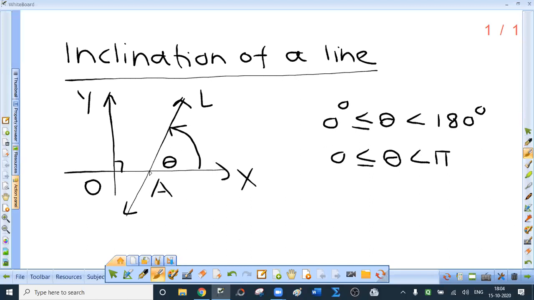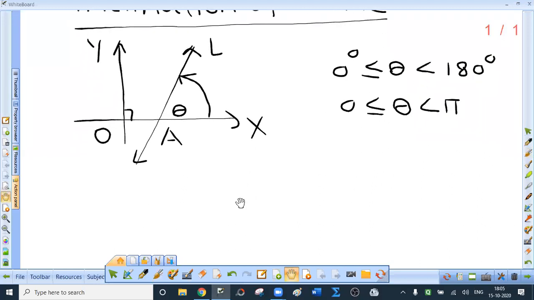So I can say inclination of y-axis, or for that matter any line parallel to the y-axis, is pi by 2, that is 90 degrees, right? What is the inclination of x-axis? 0 degree. Or even if a line is parallel to the x-axis, then also its inclination is nothing but 0 degree.